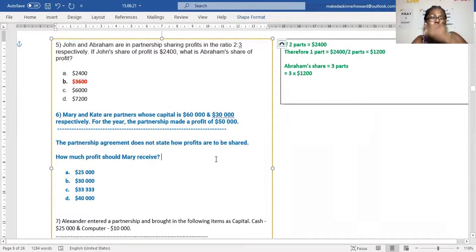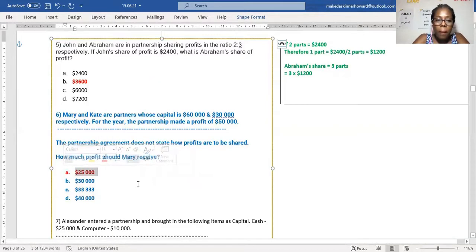The partnership agreement does not state how profits are to be shared. How much profit should Mary receive? Answer is A.